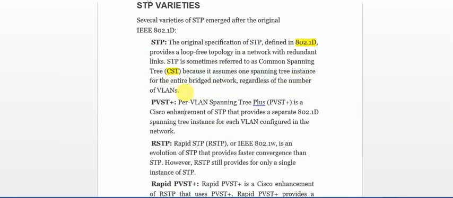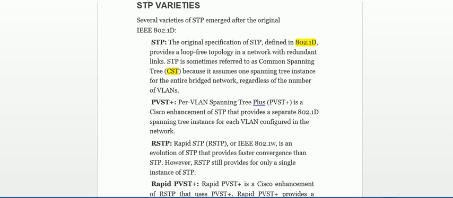PVST is a Cisco proprietary protocol. It's an enhancement of STP. It does the same thing as STP, but one thing is different: it has an instance for each VLAN configured on the network.